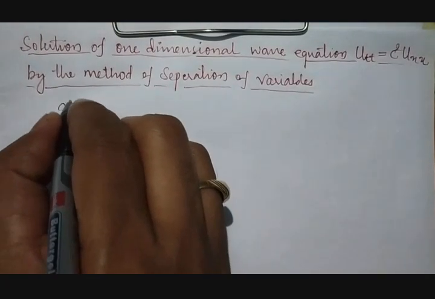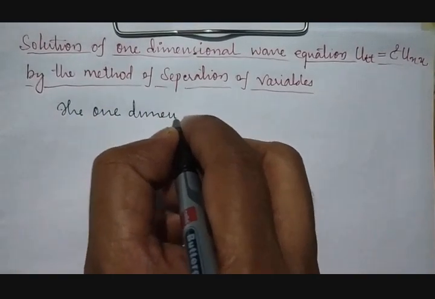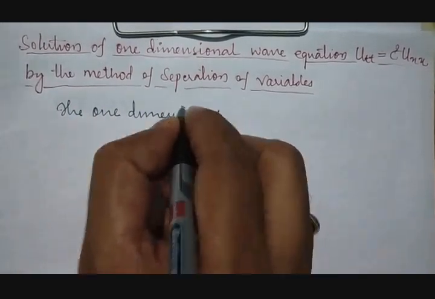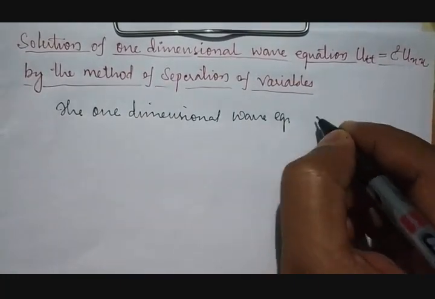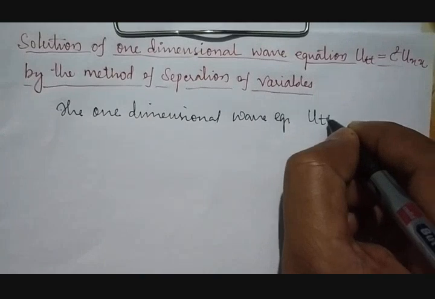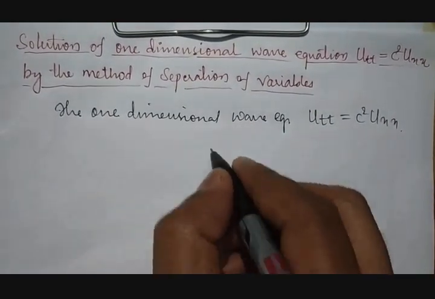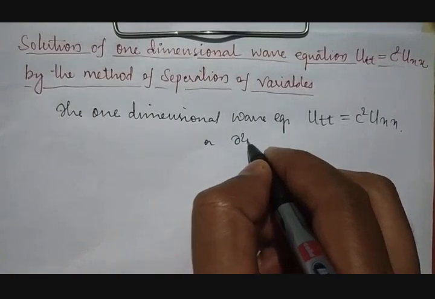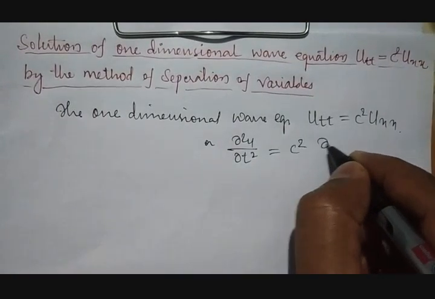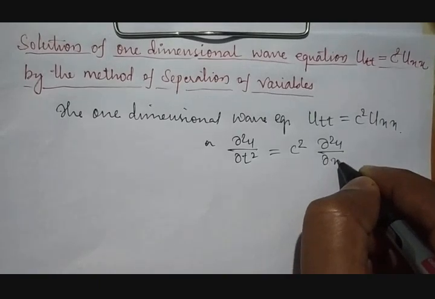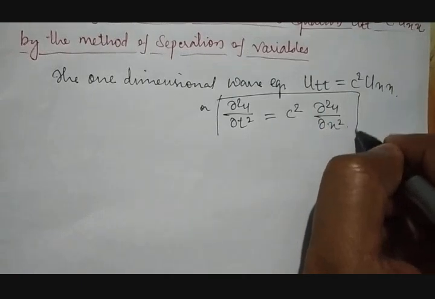This is the one-dimensional wave equation, which is nothing but ∂²u/∂t² = c² ∂²u/∂x². Fine, this is the result.